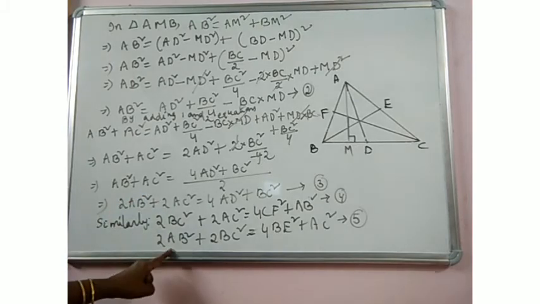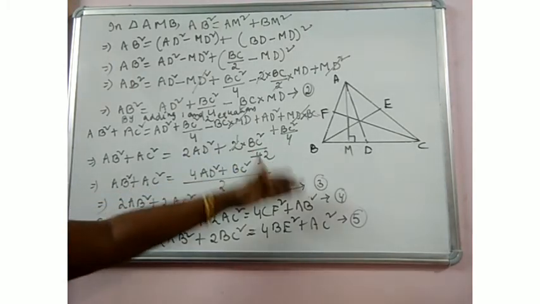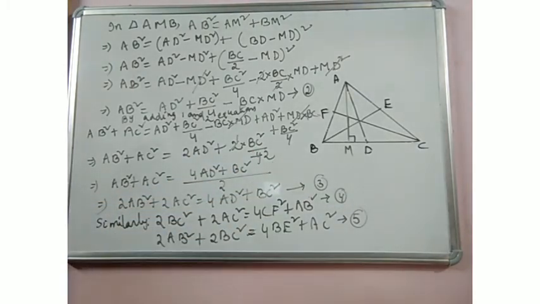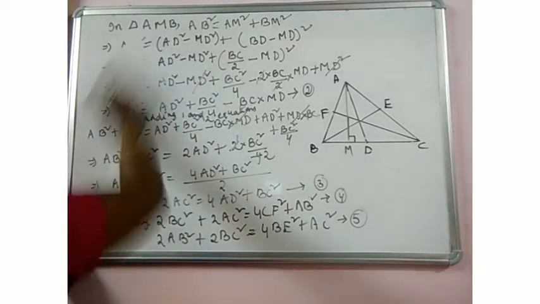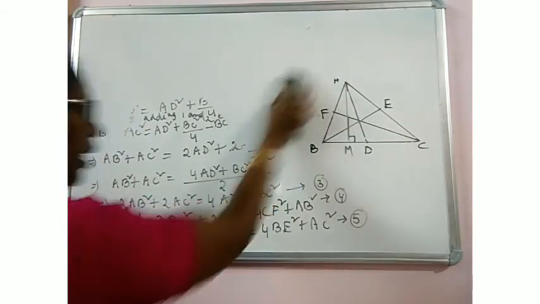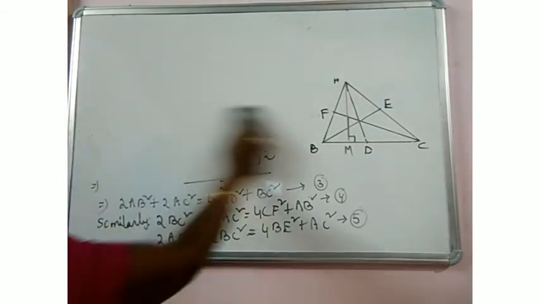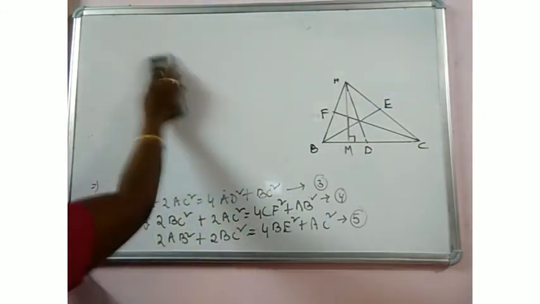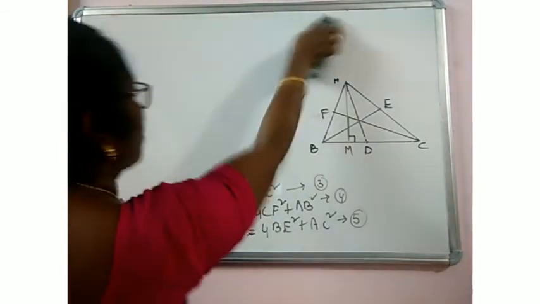Let us add all these 3 equations, third, fourth and fifth. We are going to get the required proof, which I hope you remember: 3 into AB square plus BC square plus AC square equal to 4 into the sum of the squares of the medians.